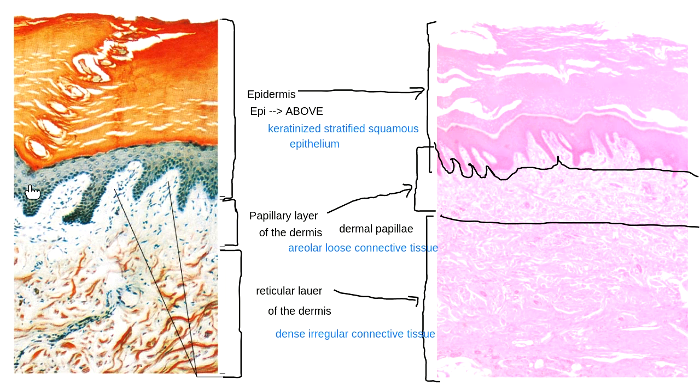So all of this, and that's what I don't like about this picture, is all of this stuff down here that's green and all of this orange-red stuff up here, all of that is actually keratinized stratified squamous epithelium. It's just that all of this stuff out here that's orange, these are the cells that are completely keratinized. So these are the cells that are completely filled with keratin.